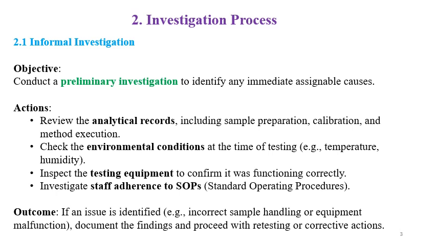If in the preliminary investigation it was found that the results are incorrect because of incorrect sample handling or because the equipment was not functioning properly, then these findings are to be documented, and the next step is to proceed with retesting or corrective actions.